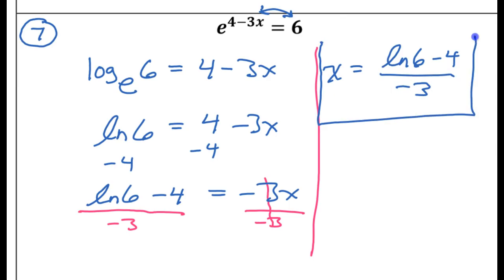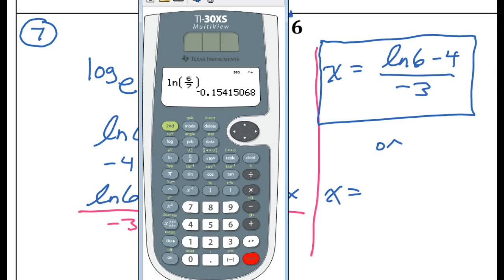So I don't think we will have a calculator for our test on this. So that's why we would leave our answer like this. If you did have a calculator and you were asked for a decimal approximation, of course you could type this into your calculator. I'm going to do that one time just to make sure we're all comfortable with how you could do that. But otherwise, that would be the final answer.